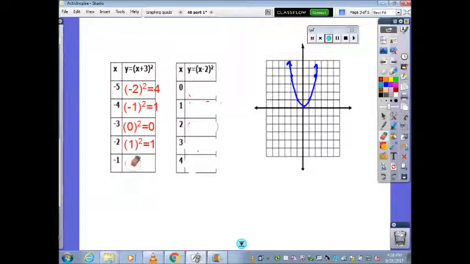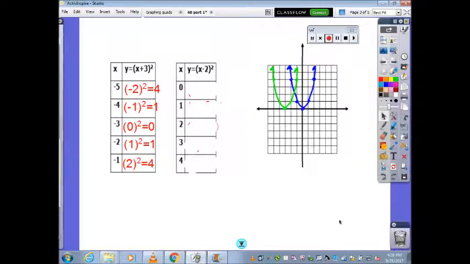And -1 plus 3 is 2 squared, which is 4. Now graph those coordinates and notice how it moves from the original graph. It should look like this. Our graph should have moved left 3.